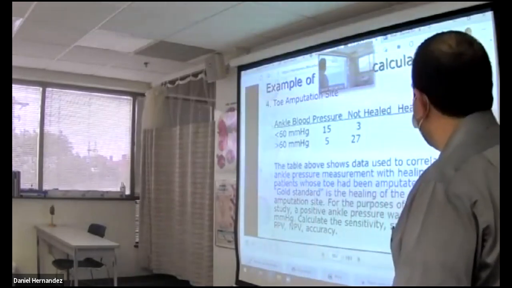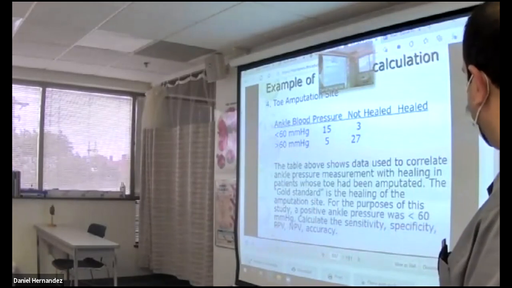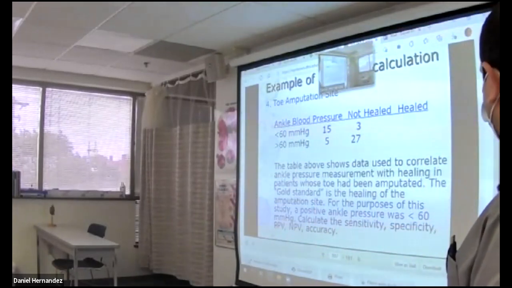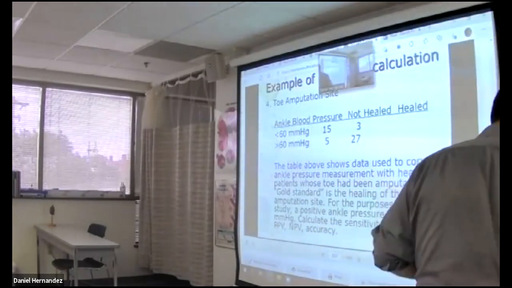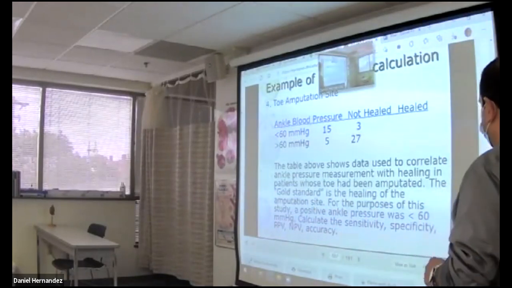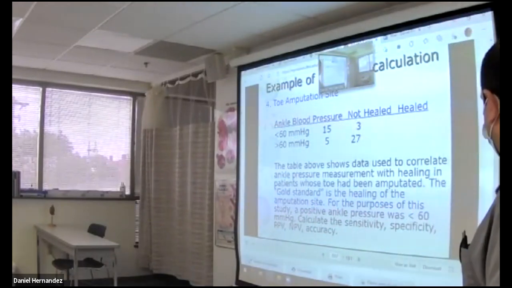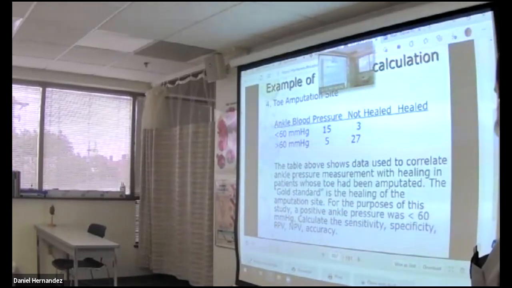Toe amputation site. The table above shows data used to correlate ankle pressure measurements with healing in patients whose toes have been amputated. The gold standard is the healing of the amputation site. For the purpose of this study, a positive ankle pressure was greater than 60.